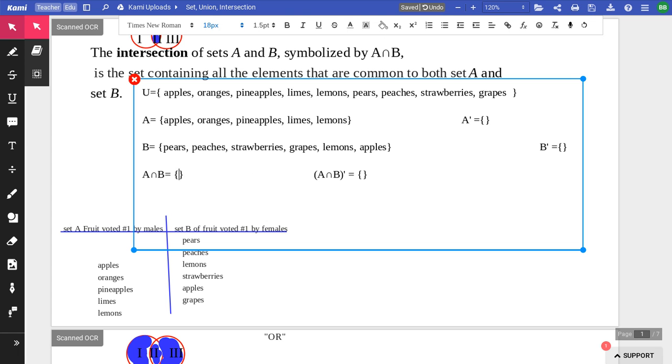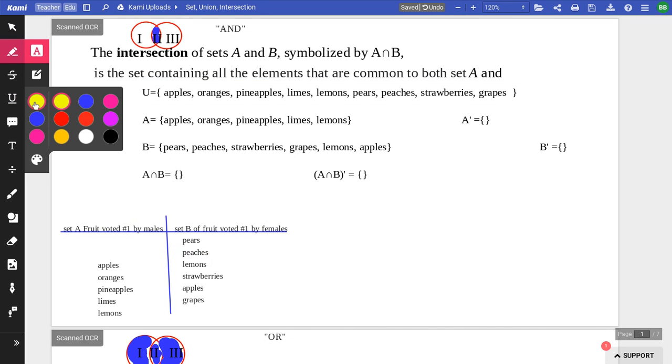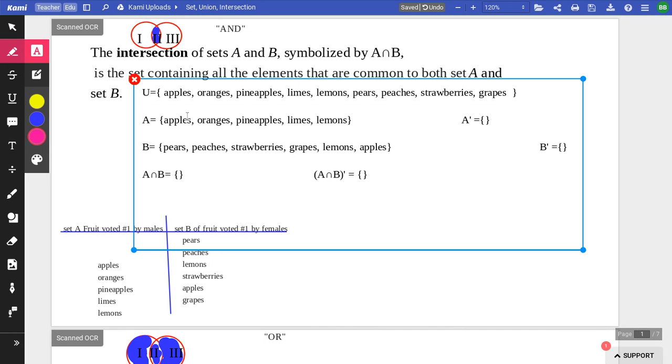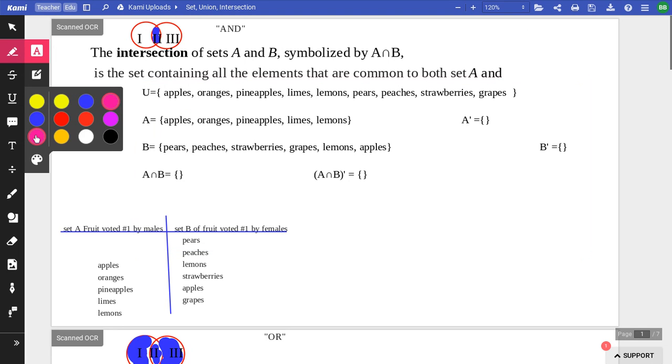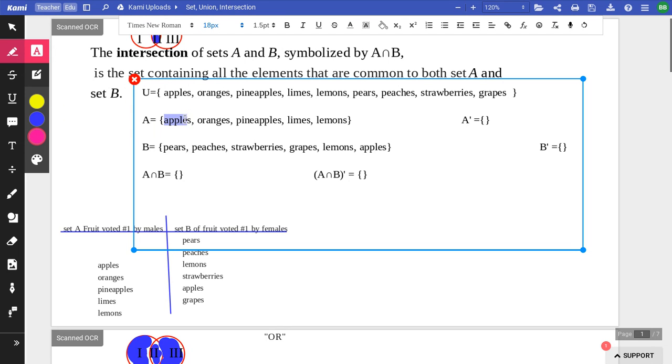What elements are in A and B? Okay, so we have apples, we have apples down here.